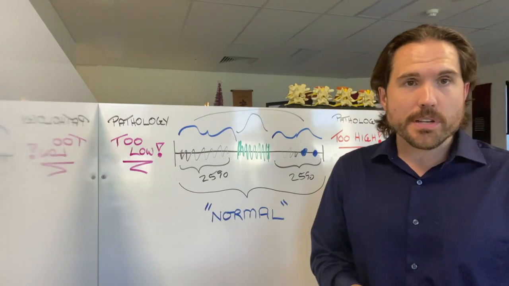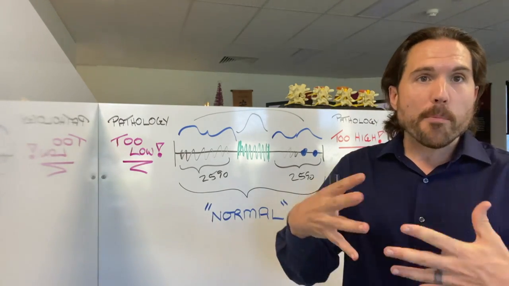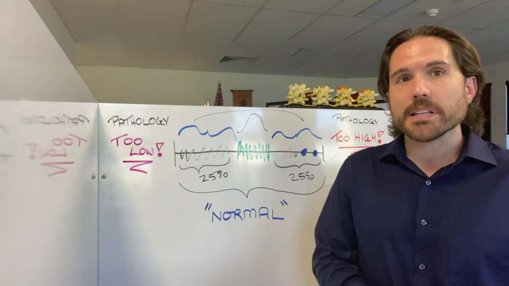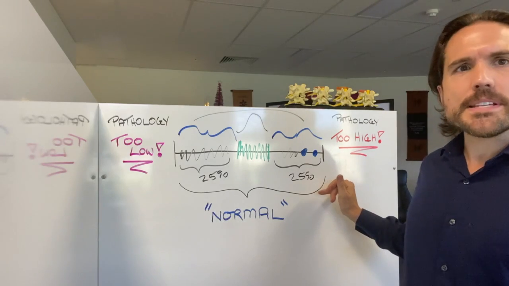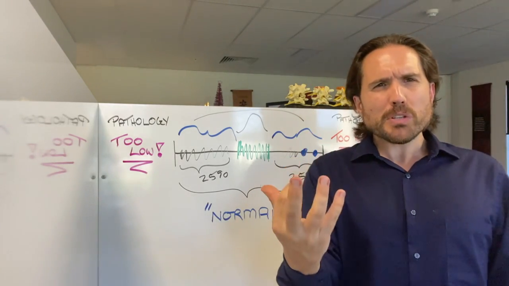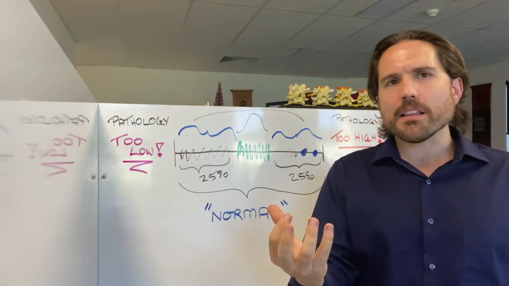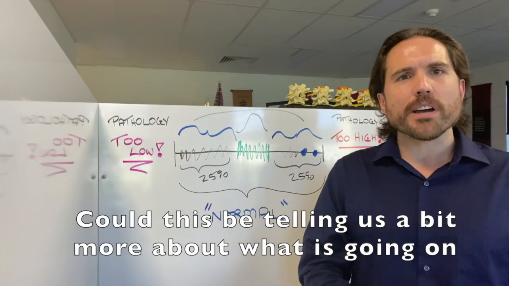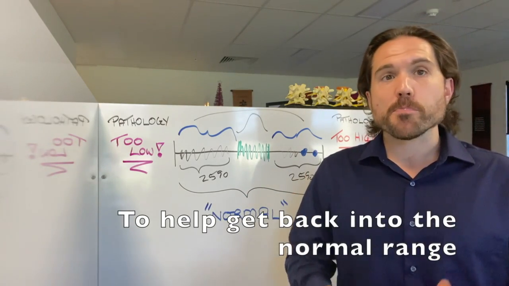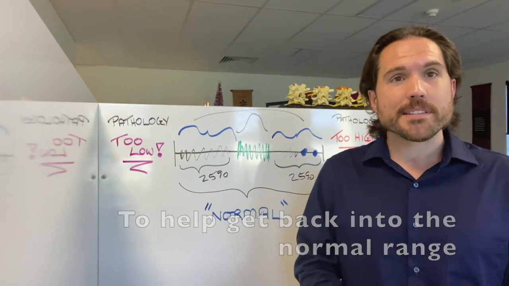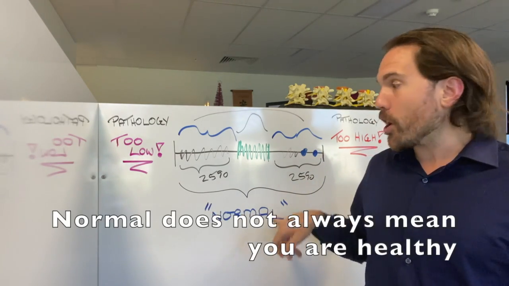And you can take those results, you can take them to your GP, you can take them to a nutritionist, a naturopath, chiropractor, anybody who actually looks at blood tests and say, okay, I understand we're not dealing with disease at this moment, but if we look at it from a trend over a period of time, could this be telling us a little bit more about what is actually going on, and then what we need to do to help you get back into that normal range, preventing disease before something comes about? Because again, very often, even though we're told that things are normal, it does not always mean that you are healthy.